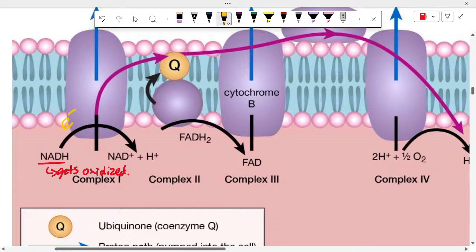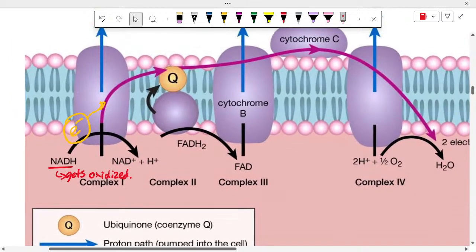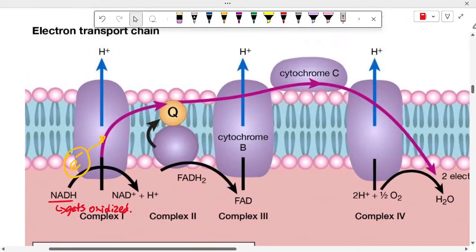And the answer is the electrons enter this enzyme, this enzyme called complex 1. All right? Complex 1.